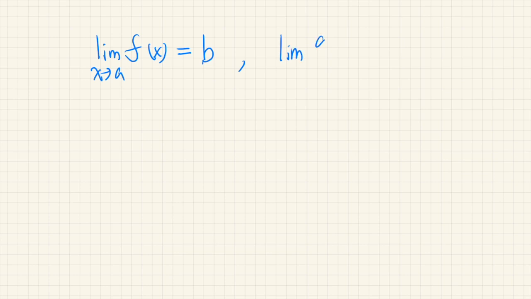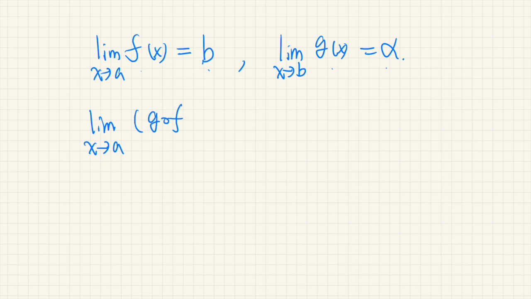And for another function g, as x goes to b, g of x converges to alpha. So f goes to b and g goes to alpha. Then the limit as x goes to a of g after f of x converges to alpha.